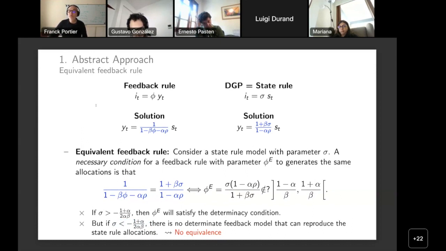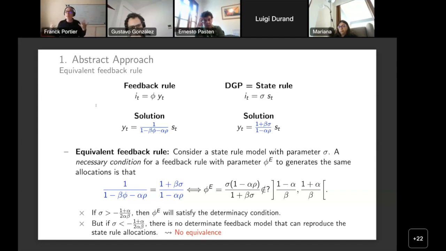So by assuming a feedback rule, I'm constraining the set of allocations that I can replicate. Maybe reality is within the set of allocations I can replicate, and then it's fine. But if reality is outside, then I'm in trouble.